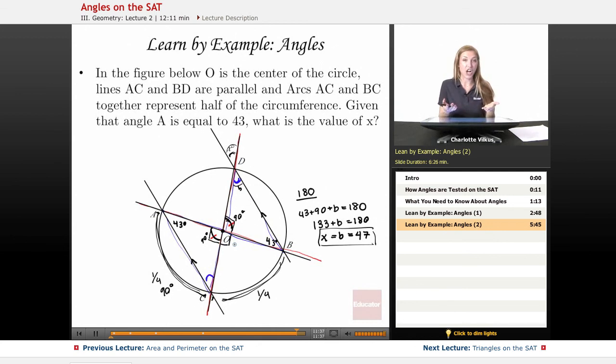So we have lots of different options here, and we just want to make sure that we're going about finding our angle in a way that's taking advantage of what's going on. So definitely continue to look at angle questions, but know that they are going to be relatively easy on the SAT, so you should just have fun with them.